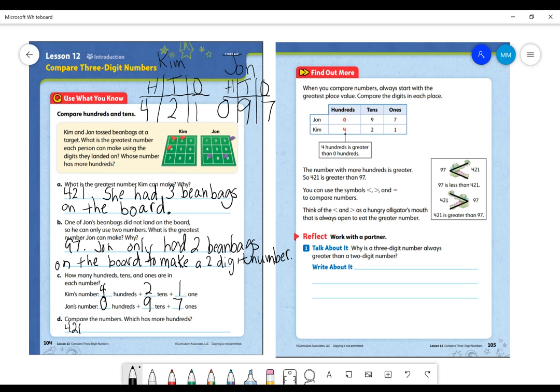So in 97, we have 0 hundreds. In 421, we have 400s. So 400s is greater than 0 hundreds. The number with more hundreds is greater. So 421 is greater than 97.